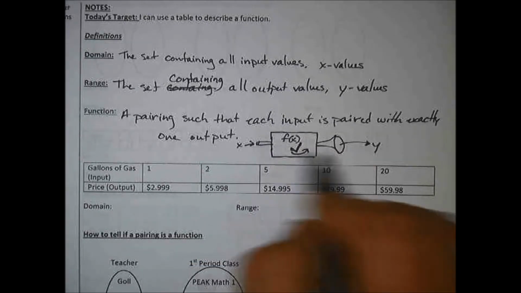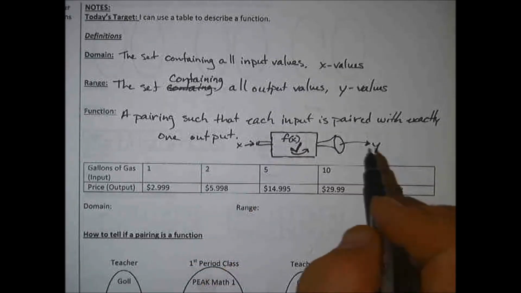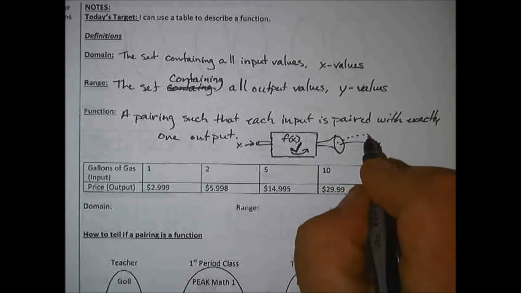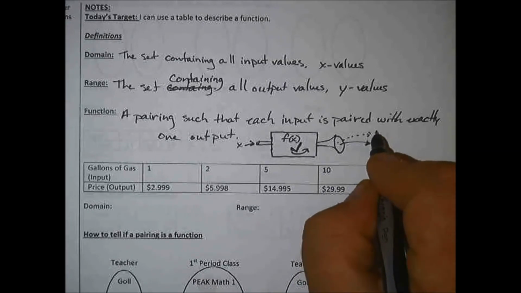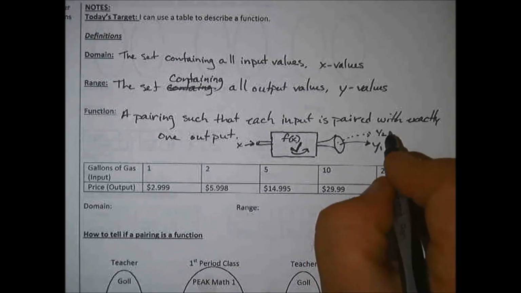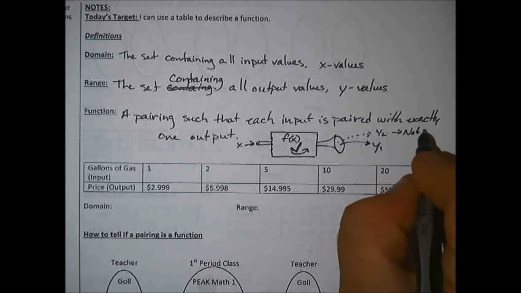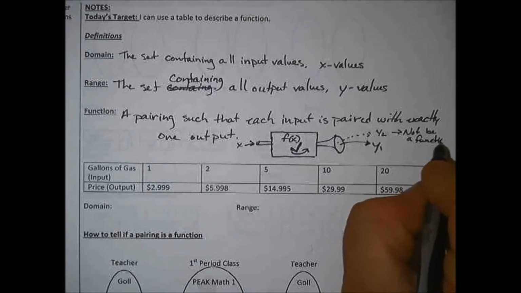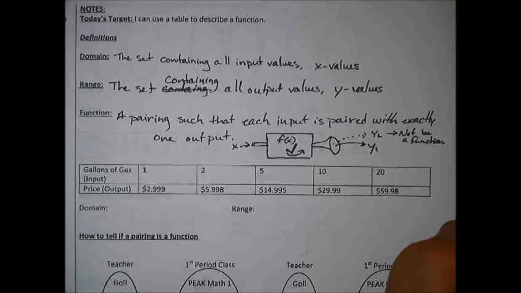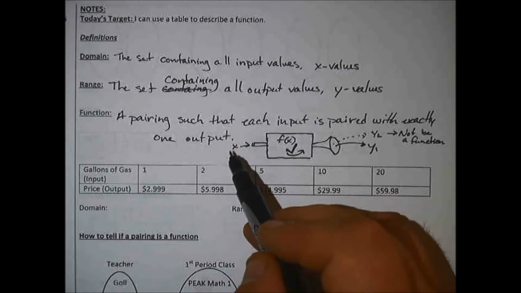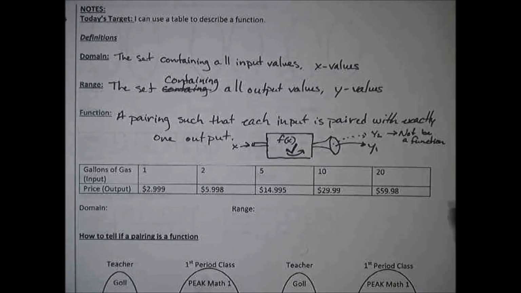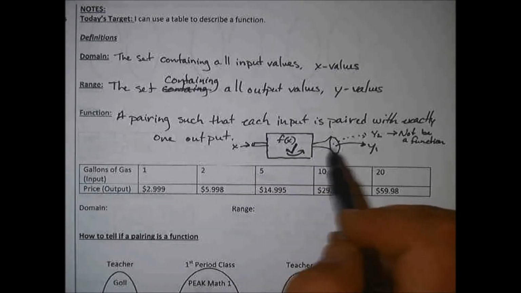So this is a function because it spits out just one y. If it were to spit out, let's say this is y1, and a y2, since it has two y values, that would not be a function. For the most part, I'm looking that every x, or every input, has only one output.